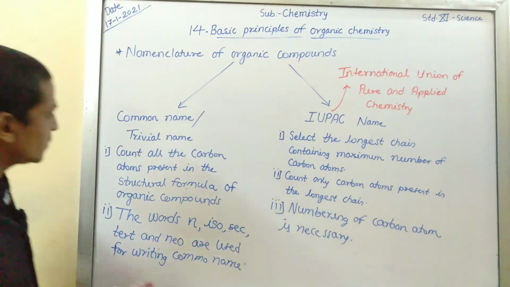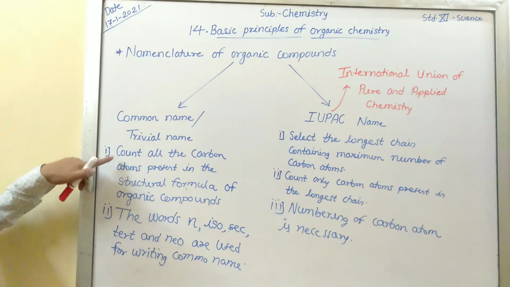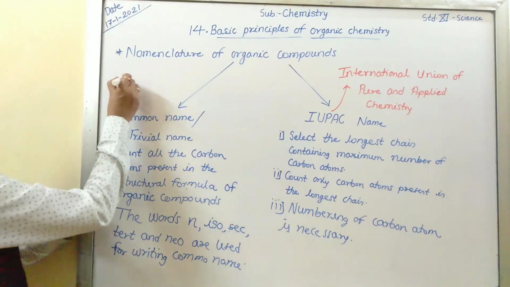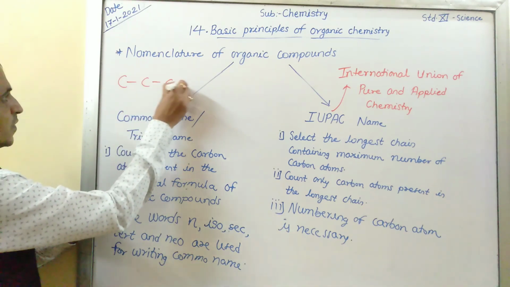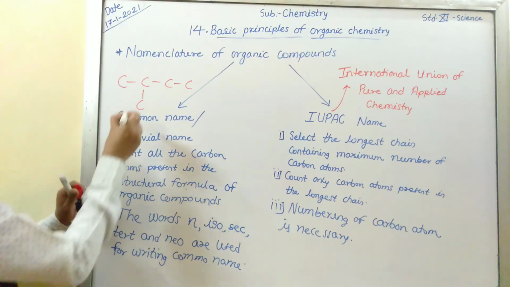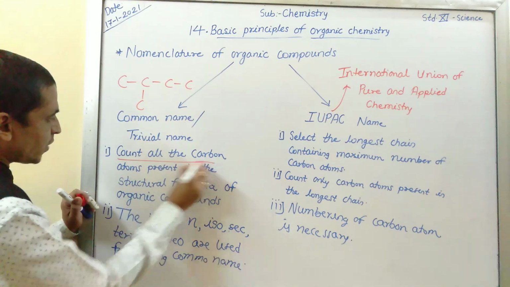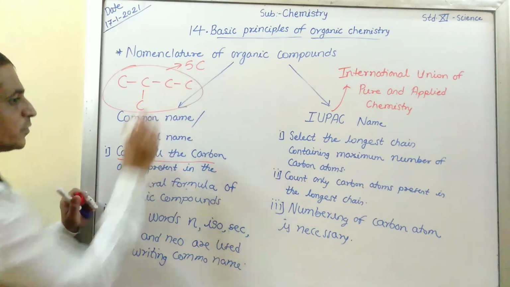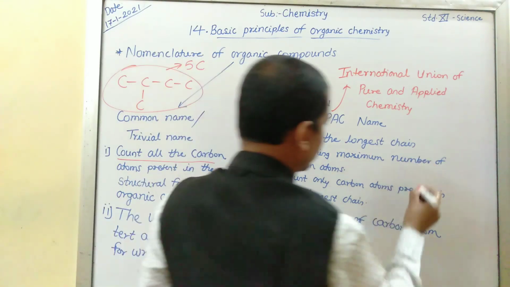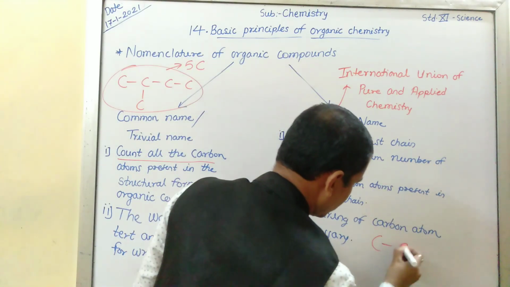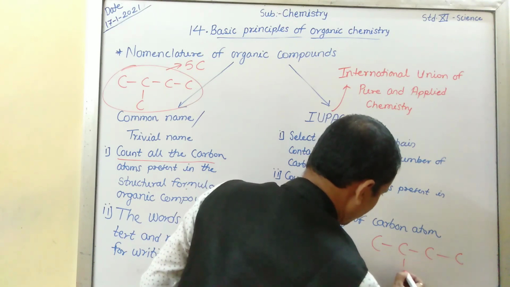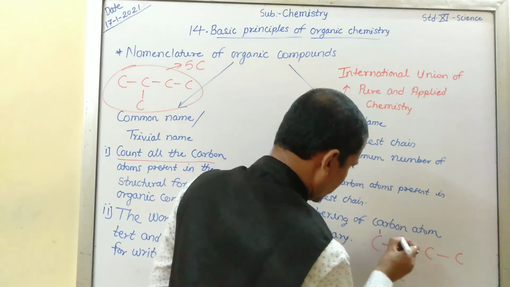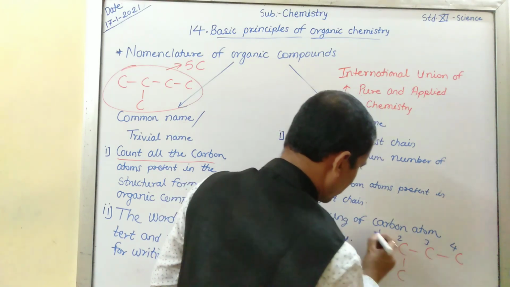So first let us start common name. See, in common name, suppose we have one compound C, C, C, C and C. Here we have to count all the carbon atoms present in the chain. So here there are 5 carbon atoms. But if you consider C, C, C, C and one C is here, that time longest chain is what? 1, 2, 3, 4.